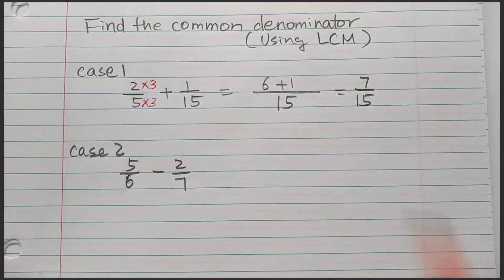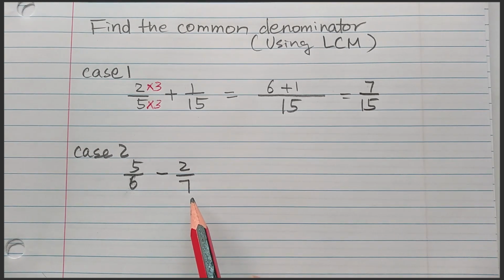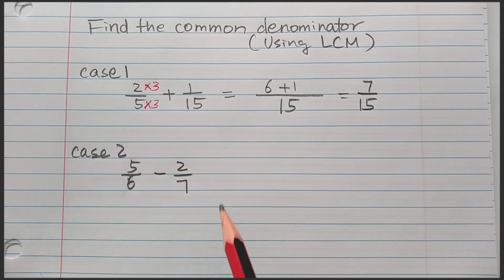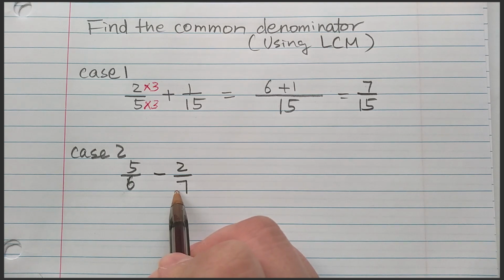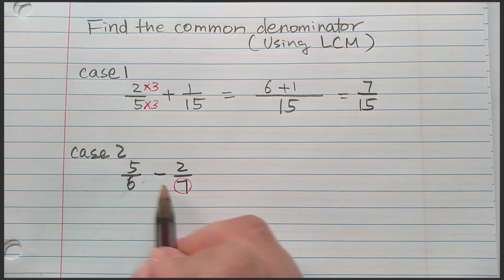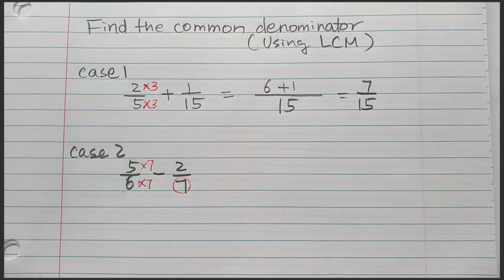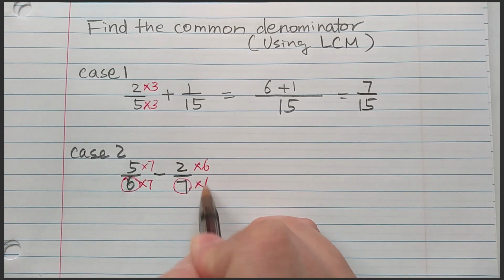Another case is one denominator is not a multiple of the other one. 7 is not a multiple of 6, 6 is not a multiple of 7. So in that case, you will use each other's denominator to multiply. So you multiply 7 here and multiply 6 here.